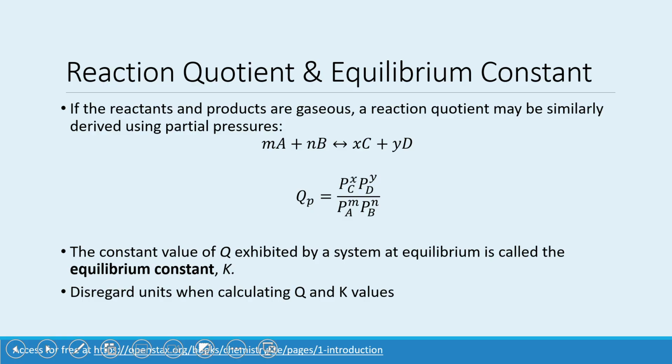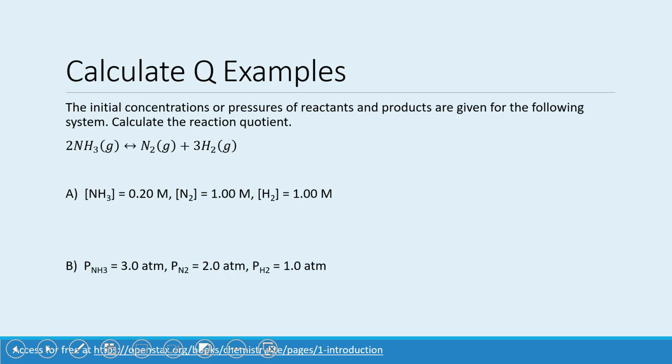Okay, so you're not going to use units when calculating these values. And the only difference between Q and K is that K is specifically at equilibrium. Okay, so Q can be at any point in a reaction, whether you're at equilibrium or not. K is a constant value specifically at equilibrium, but the calculation is the same, whether you're calculating Q or K.